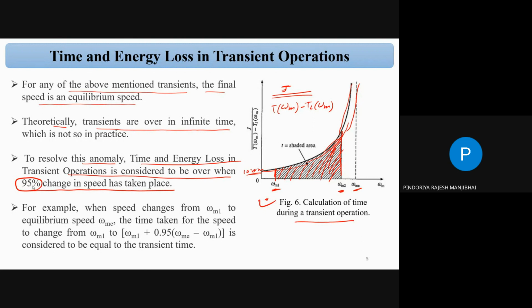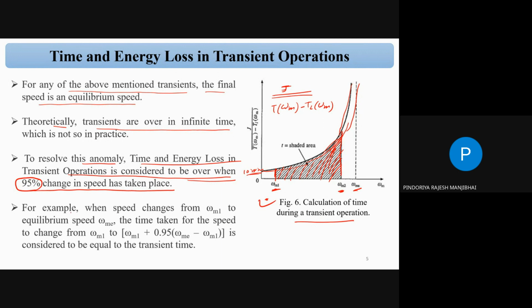In the theoretical case, the motor is in steady state and the losses are negligible, but practically that is not possible. For the simplicity of calculation and analysis, we can say the transient operation can be considered over when there is a 95% change in the speed.